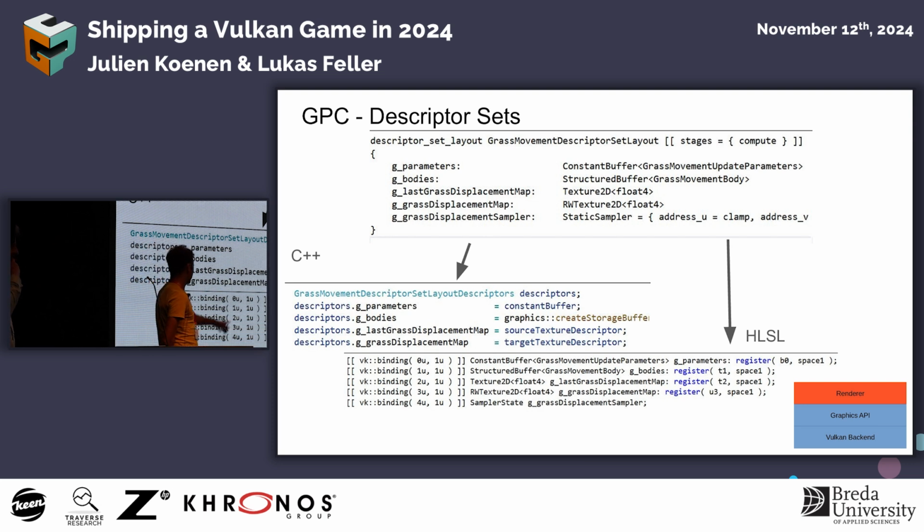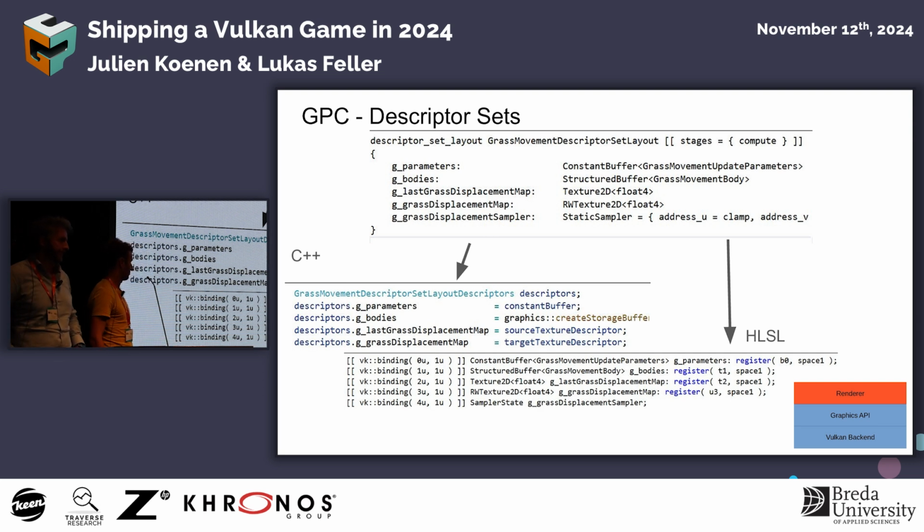We generate HLSL code for Vulkan in this case, with those VK binding annotations that you can use in DXC. And we also generate a struct that you can use in C++, where all of those bindings are exposed, and you can just use regular C++ code. And there's some helper libraries that then translate those descriptor structs into respective Vulkan calls to bind those resources.